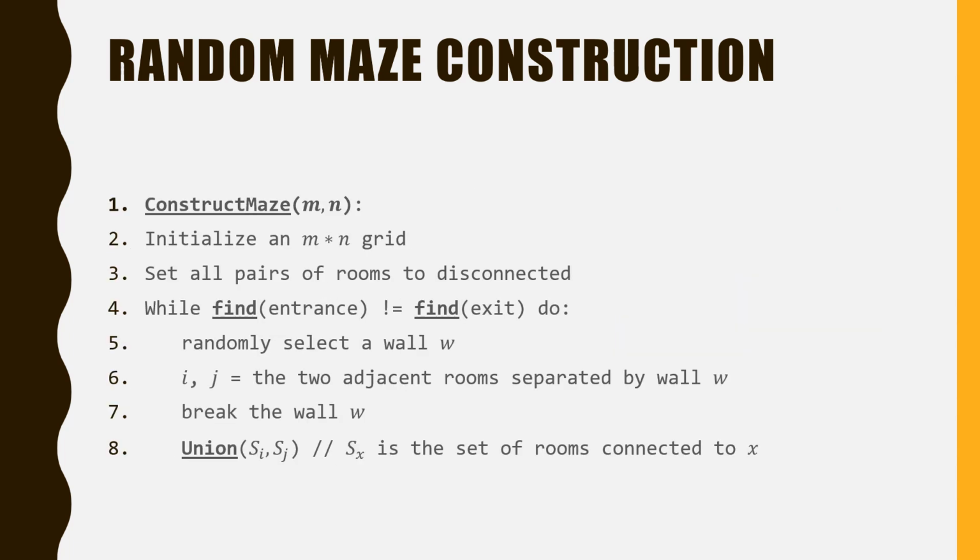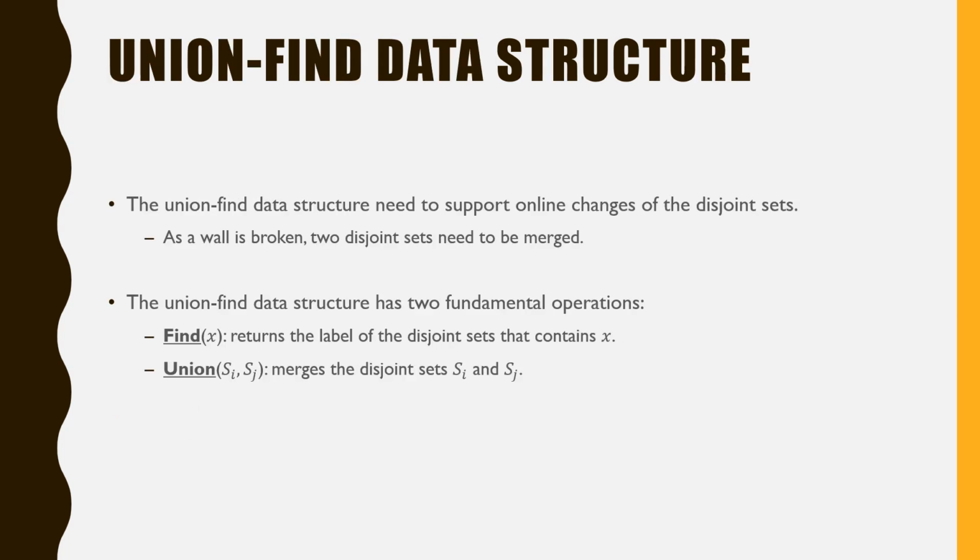We developed the following algorithm for constructing a random maze. This algorithm is built upon two fundamental operations for the disjoint set data structure: the find operation implemented in line 4 and the union operation implemented in line 8. Specifically, the find and union operations ensure efficient connectivity management within the maze.